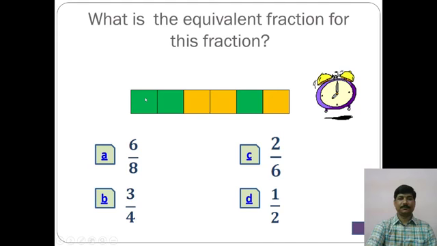If we ask what is the equivalent fraction of the green shaded portion? The green shaded portion is out of 6. So there is half, 1 upon 2. So the option will be 1 upon 2.